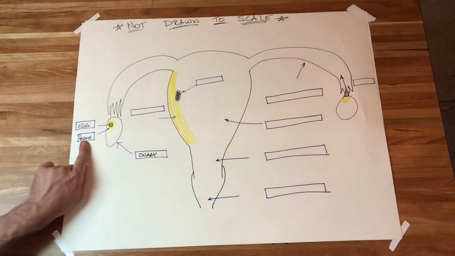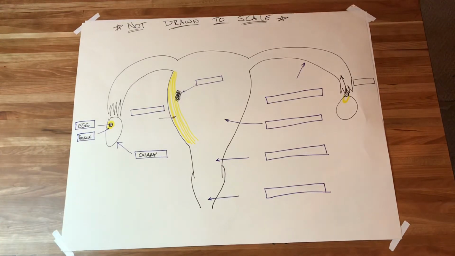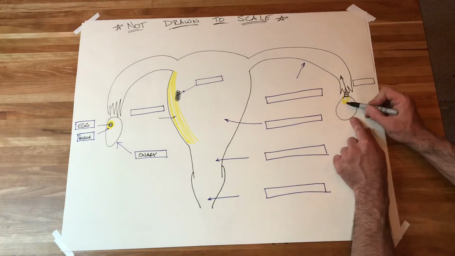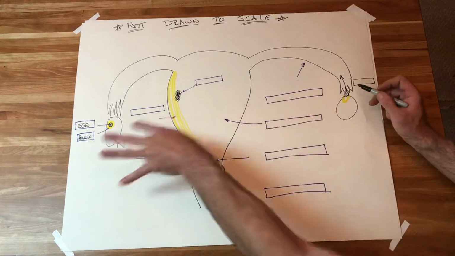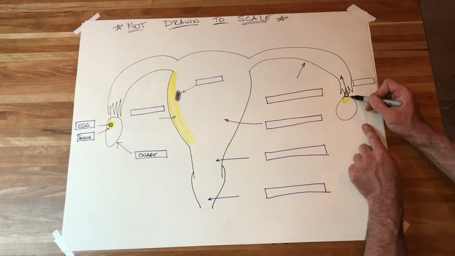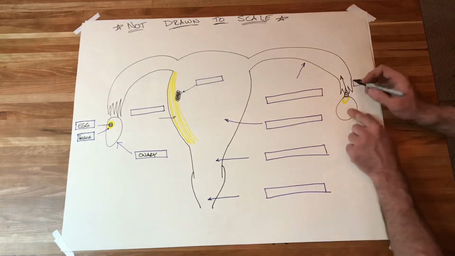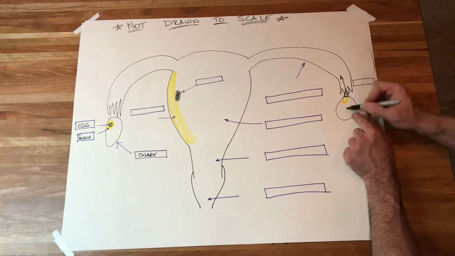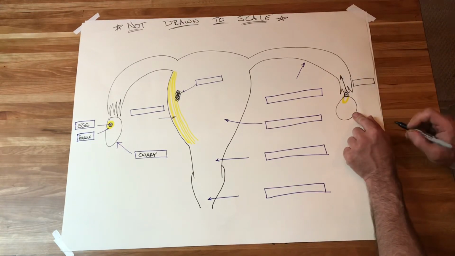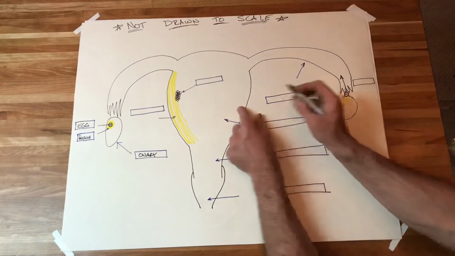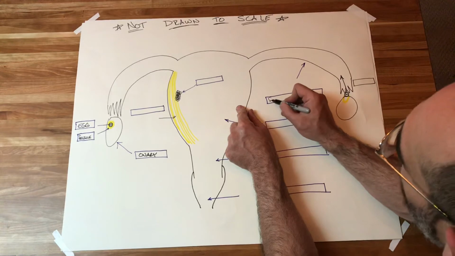Now let's move our attention over here, because this side shows, I didn't want to clutter it up too much. Of course, this only happens on one side usually at a time. Sometimes two eggs come out of each side, but not as common. Anyways, the egg will break from the follicle and be swept up into the fallopian tube.